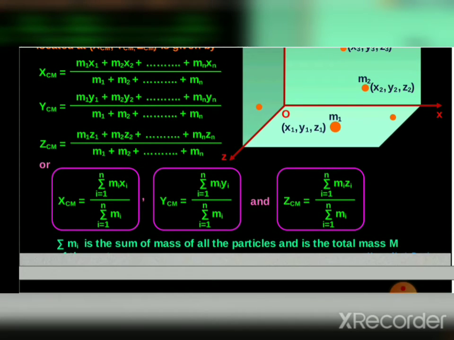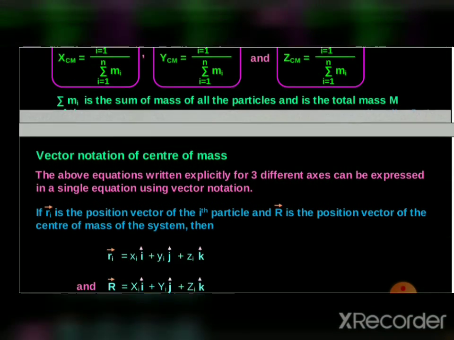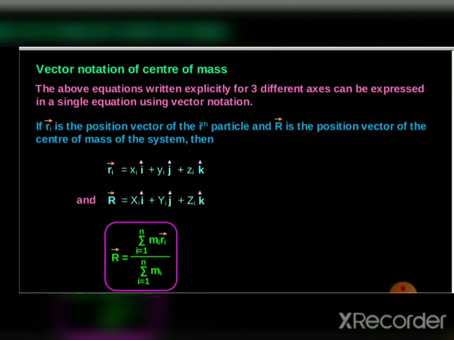So for x and y you can write in terms of summation of xi mi upon summation of mi, so you will get the same equation. Now the vector notation will be the same. The above equation, written for three different axes, can be expressed by a single equation using vector notation.